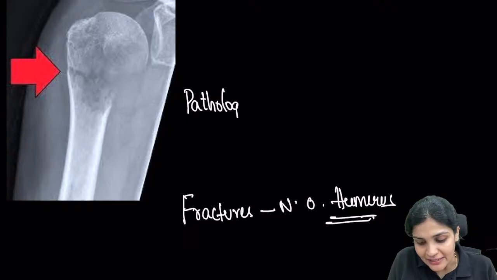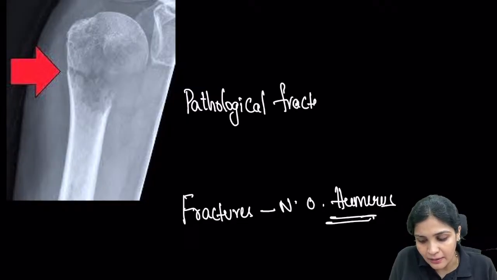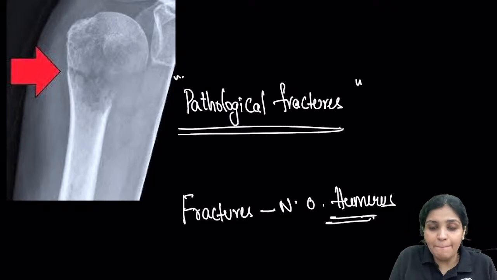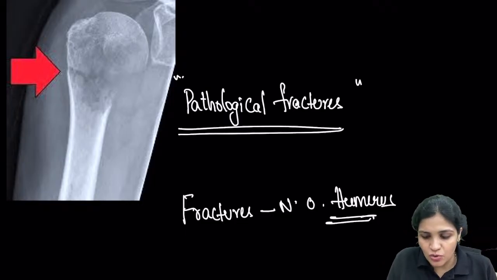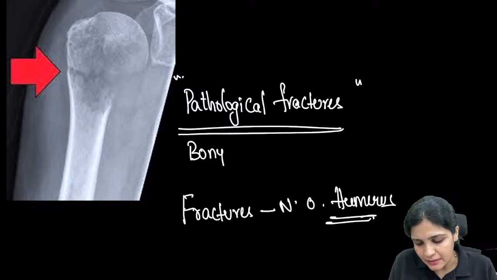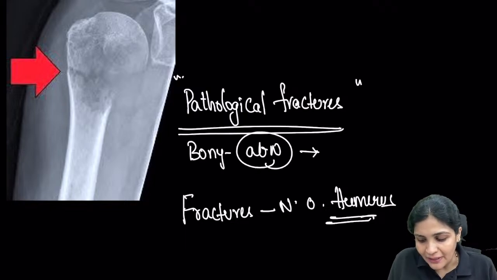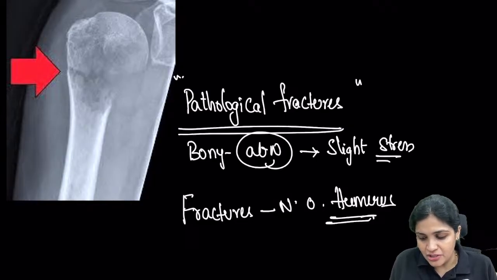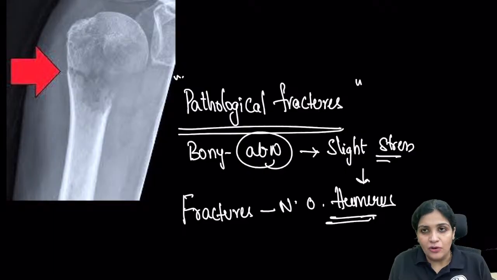Whenever there is a lesion in the bone and you see a fracture, it is called a pathological fracture. So the bone is abnormal, and even slight stress will result in fracture.